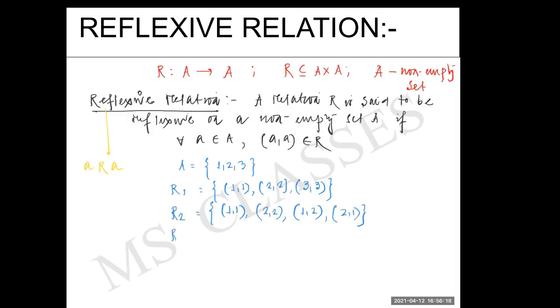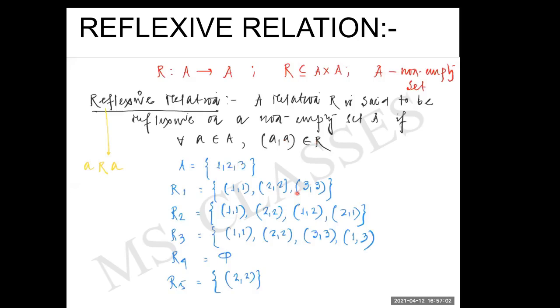I define R3: (1, 1), (3, 3) and (1, 3). R4 is the null relation. R5: (2, 2). Now, what is the reflexive relation telling? For all a, meaning for all the elements of the set A, (a, a) should belong to R.